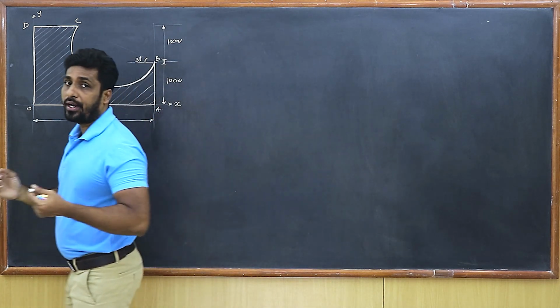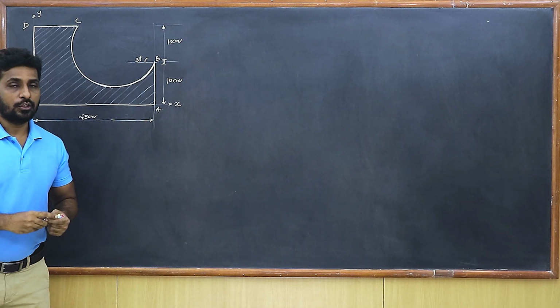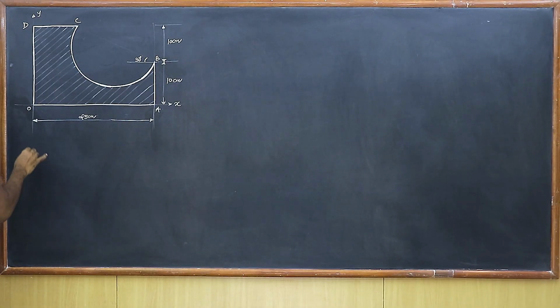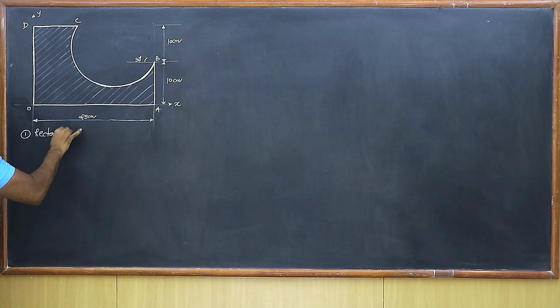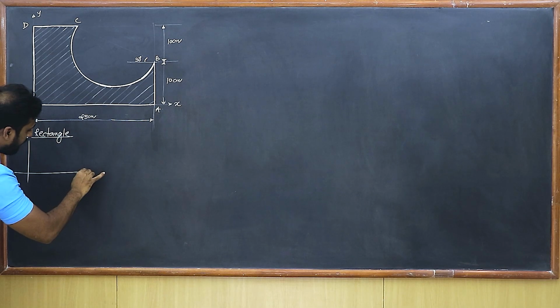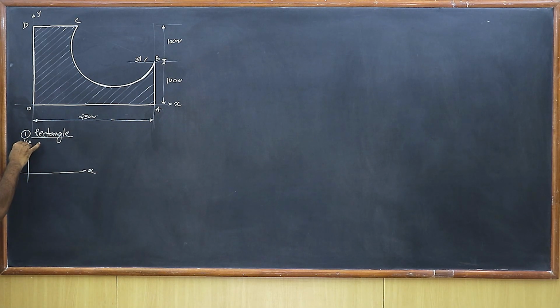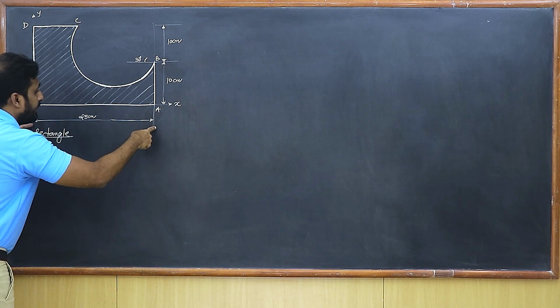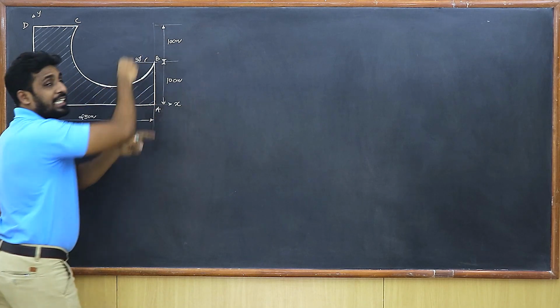So it is very easy to find the centroid of the rectangle. So let's begin with the first standard shape. So I have the very first standard shape as a rectangle. So let's draw the diagram. So we have x-axis, we have y-axis. What are the dimensions given? It is 25 centimeter and 20 centimeter, isn't it?